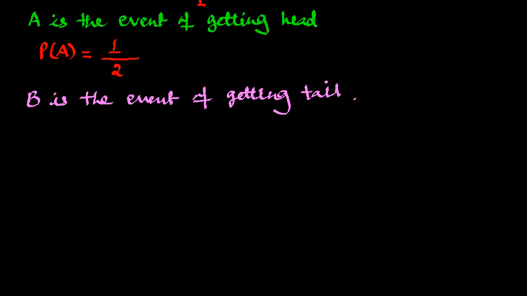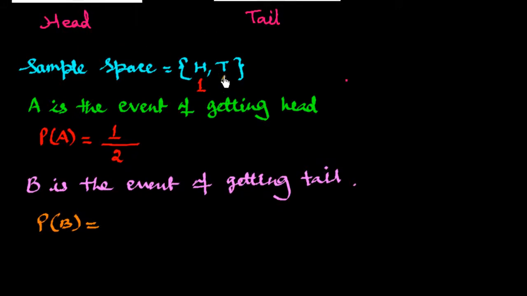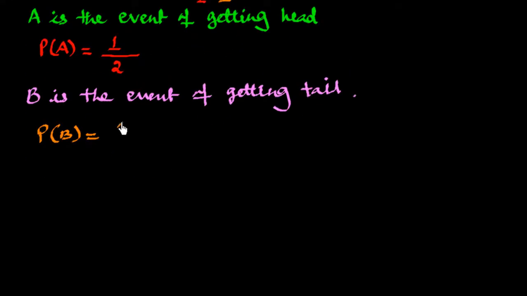Probability of B is equal to number of favorable outcomes over total outcomes. We have only one tail here, and the total outcomes are 2, so it is also 1 over 2. So the probability of getting a tail is 1 over 2.